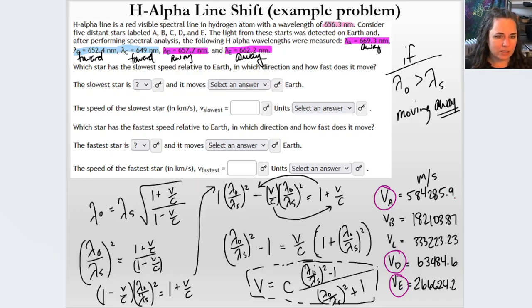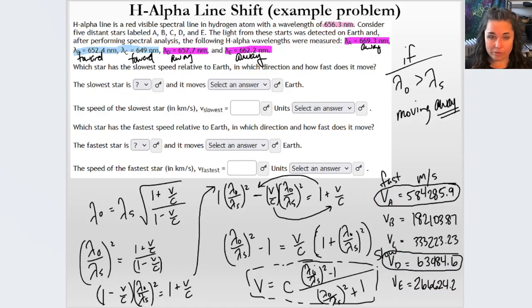Oh yeah, you can look at these and then match up whether it's moving towards or away, right? So it looks like the slowest star is D and the fastest star was A for me. I don't know what yours are. And I was just looking at those magnitudes of those values. And so now I can enter all of the information I need to answer this problem.